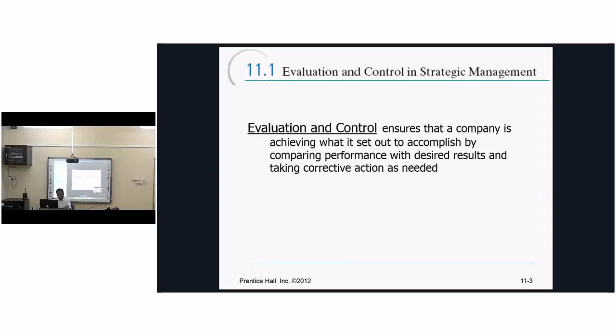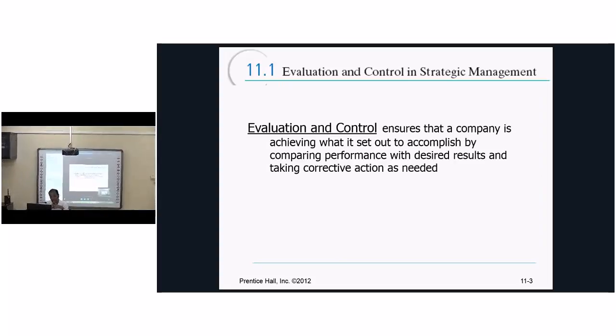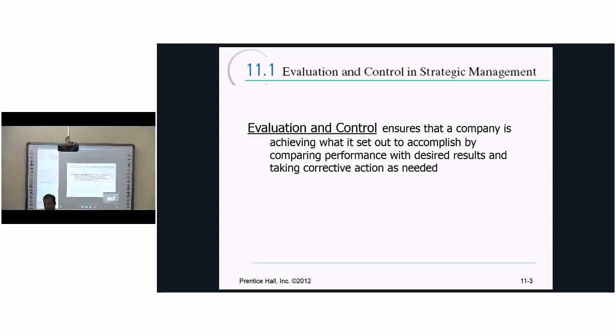You can get into annual level performance measures. Likewise, whatever said and done, what is happening in evaluation and control is you do some kind of evaluation to see whether you are reaching your desired objective or not. In very broad terms, this is what is meant by evaluation and control.